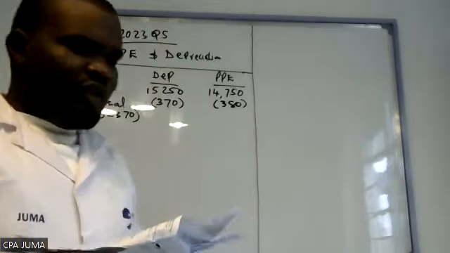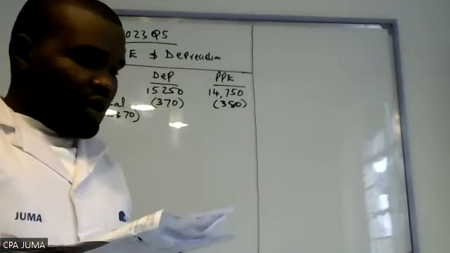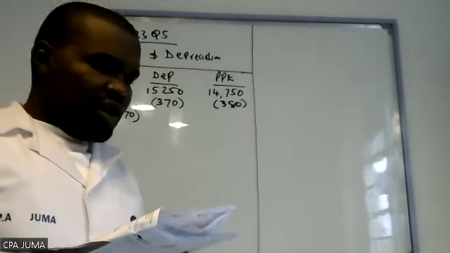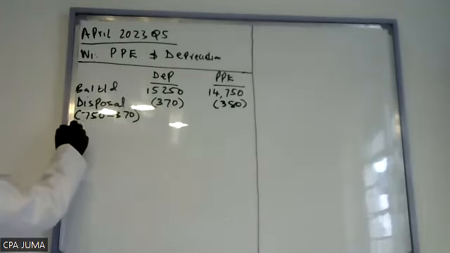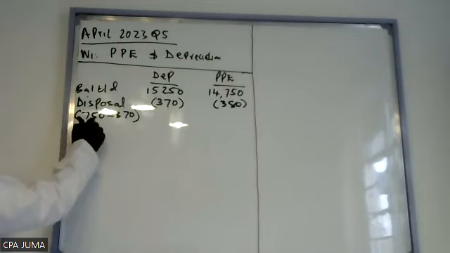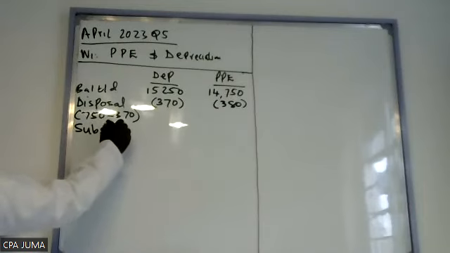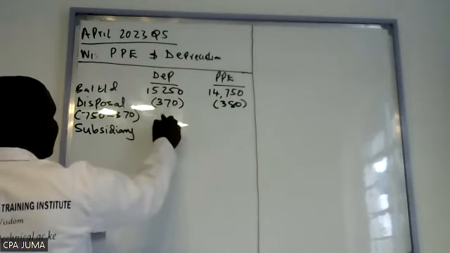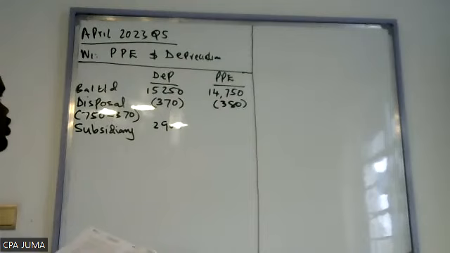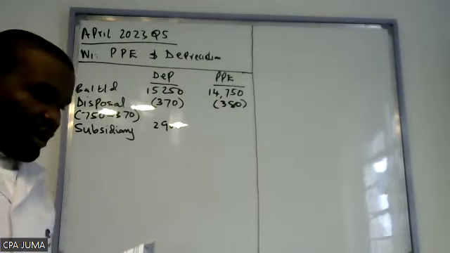Note number 2. They acquired a subsidiary. There was acquisition of a subsidiary. The subsidiary also came with PPE. The subsidiary is called G Limited. The subsidiary which came had accumulated depreciation of 29. You add because the subsidiary has been acquired.